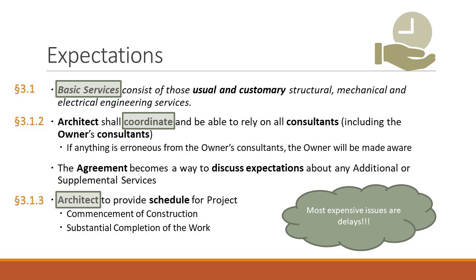Because let's say I want to have the building completed by such and such a date. Well, the first entity I'm talking to is the architect. I'm going to look to the architect and say, not only do I want to hear how long it's going to take you to design it, but you're an expert, so I want you to tell me how long you think it's going to take to build it.